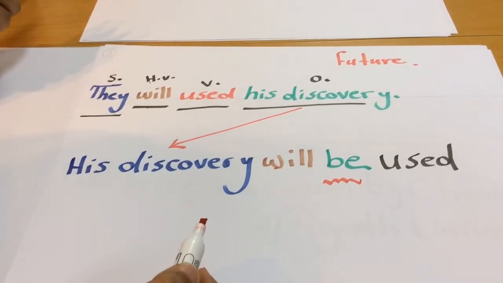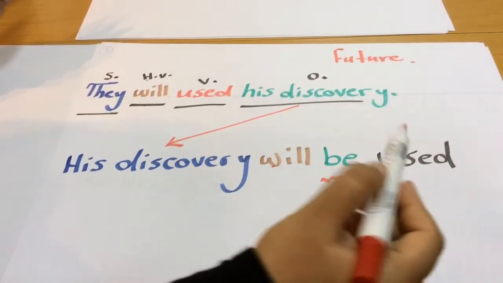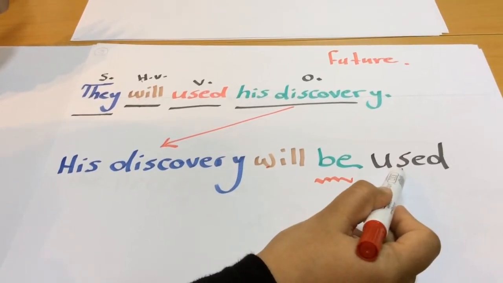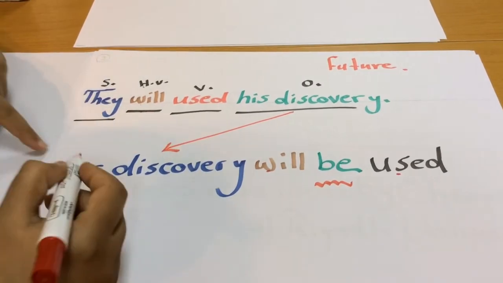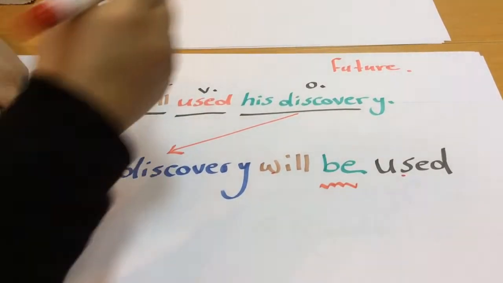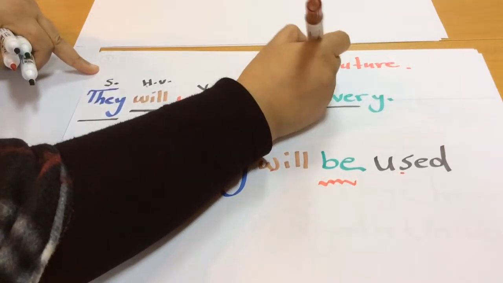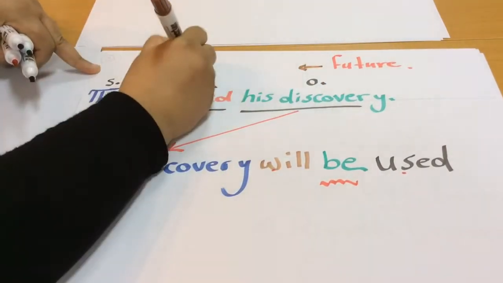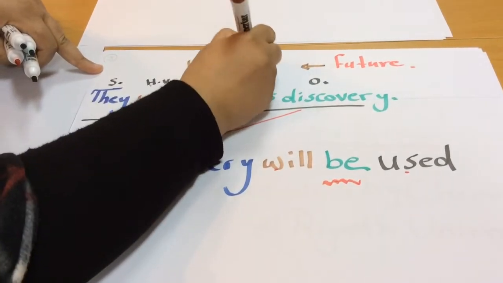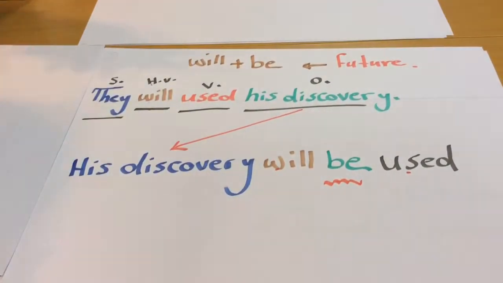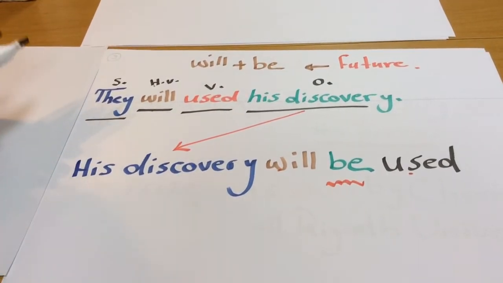What kind of verb are we going to put? We will put the verb be, but the main verb will stay in the past participle. So what did we do here? In the future, we will add be to the verb will. So if we have will, we will add the verb be, then the verb will be in the past participle.